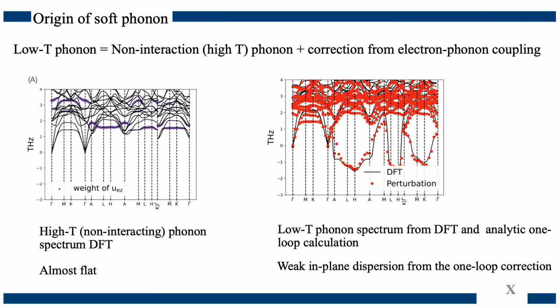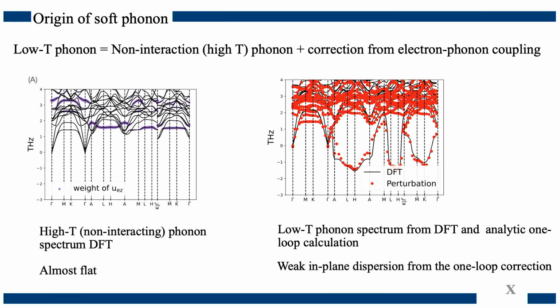What you can see is the remarkable match between high temperature, this is the high temperature ab initio, okay, where everything is positive in the phonon spectrum. And then with the perturbation that we put, which should be valid only for the lower branches of the phonons, because that's the phonon that we are looking at, that we coupled, right?